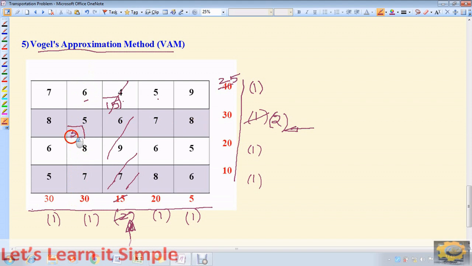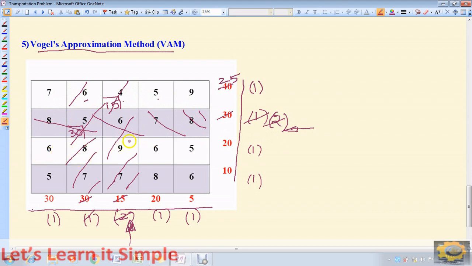Therefore I can allocate 30 here and strike off this, which means the second column vanishes, and the second row also vanishes after selecting this. Now I am left with 7, 5, 9 in the first row. The second row vanishes.